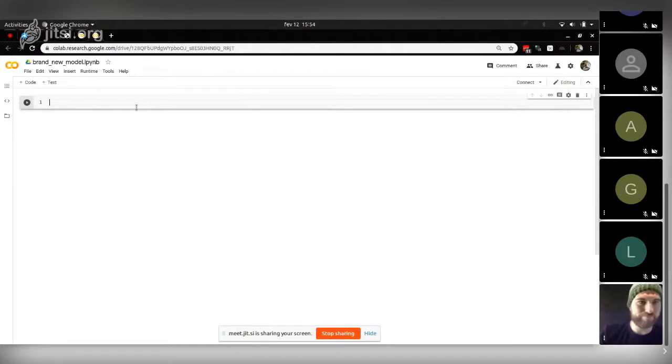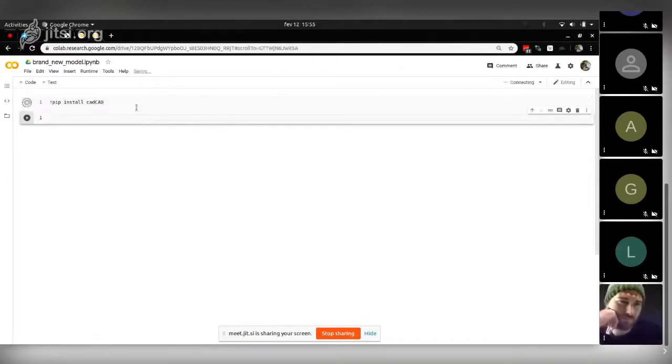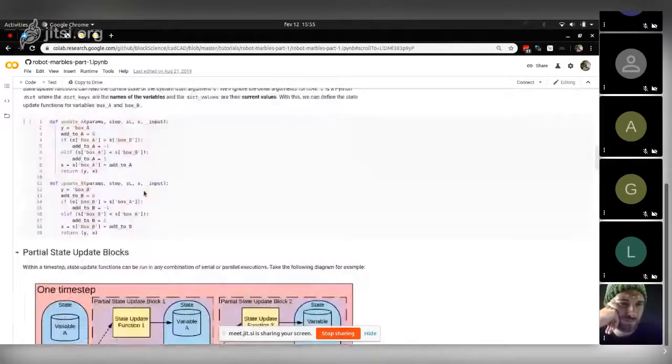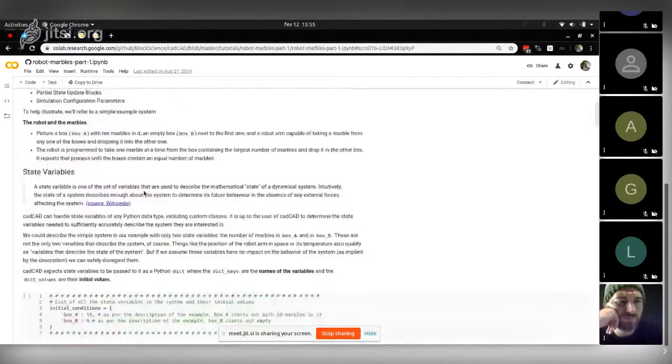So when we create a blank new notebook, I think the most obvious thing is to install cadCAD. As we install, I always think it is useful to think about what variables the state contains.